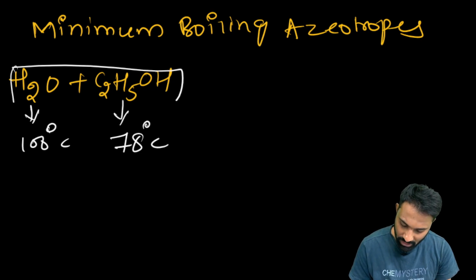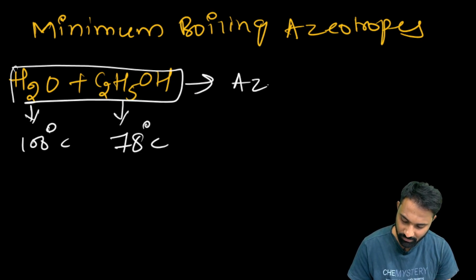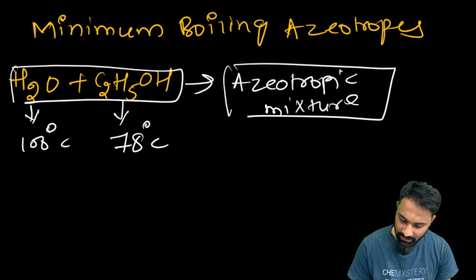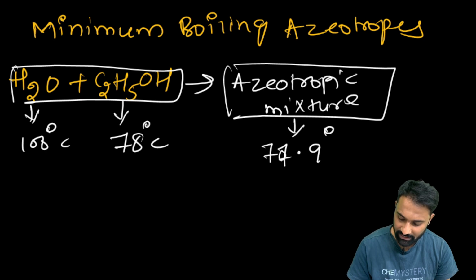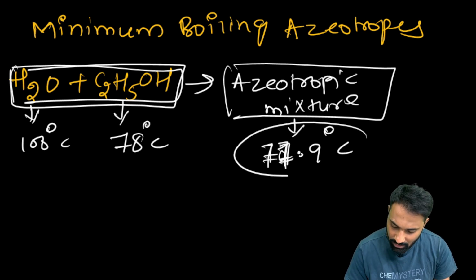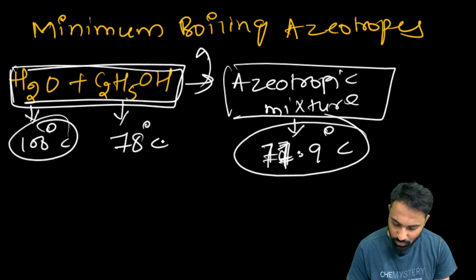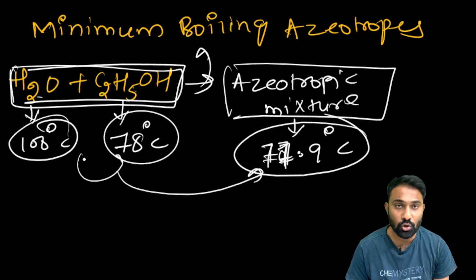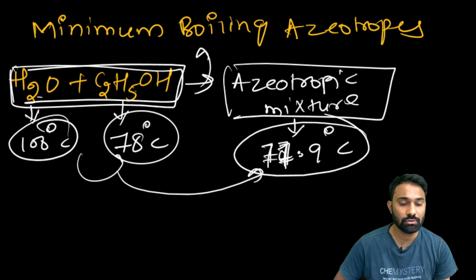Now when these two form the azeotropic mixture, this mixture boiling temperature is about 77.9 degrees Celsius. That's the reason we call H2O plus ethanol a minimum boiling azeotrope. Compared to the two boiling temperatures, it boils below both of them.